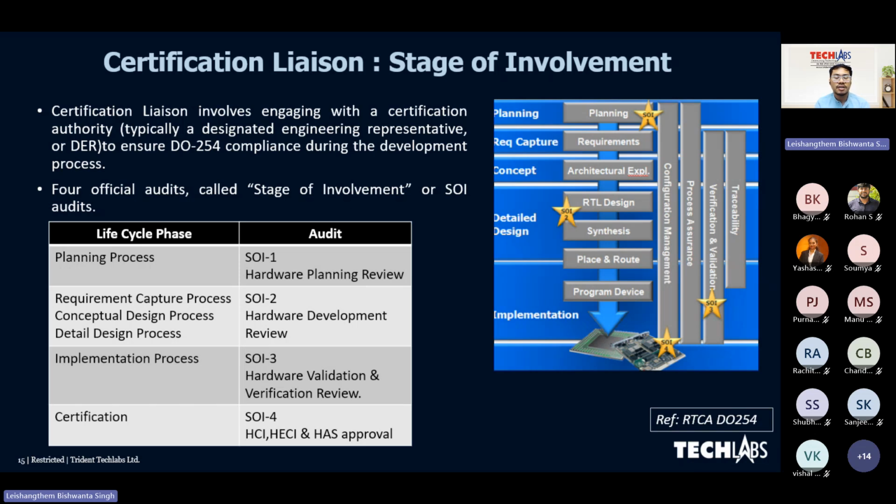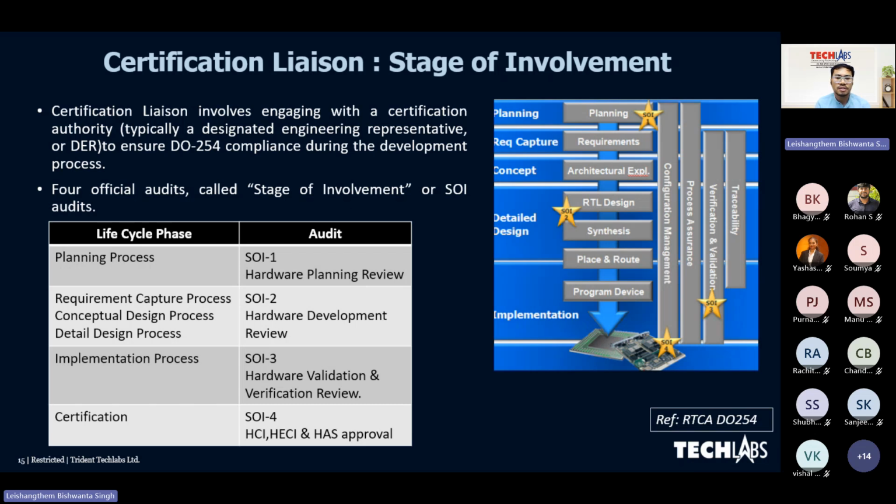And then finally, you will have the final certification review, the SOI 4, where all your configuration management data, the PHAC will be checked again, including all the lifecycle data, configuration management index, and hardware accomplishment summary, which have to be brought out in front of this audit. Then they approve everything.